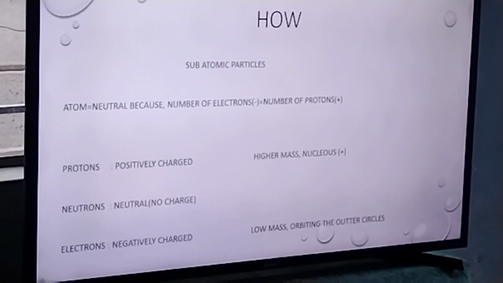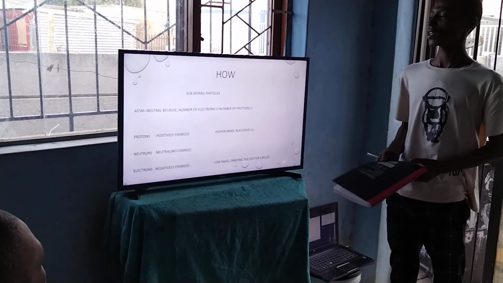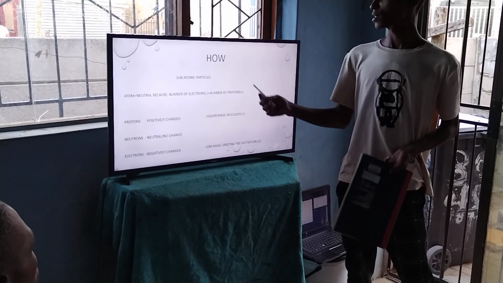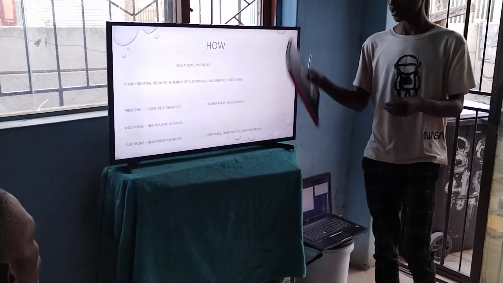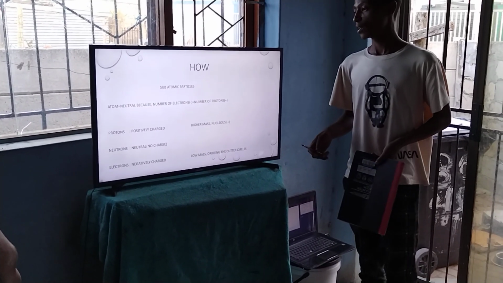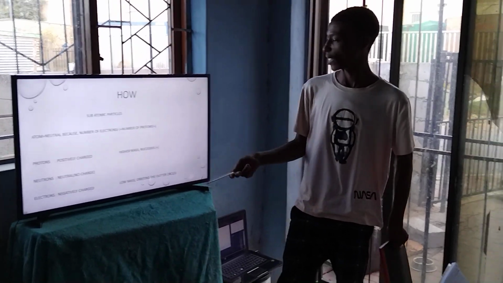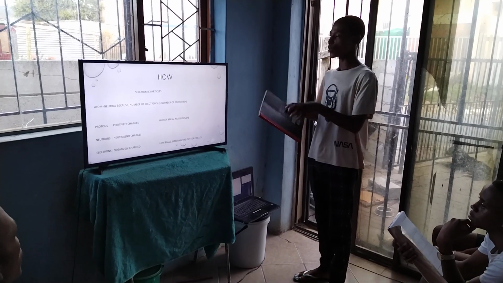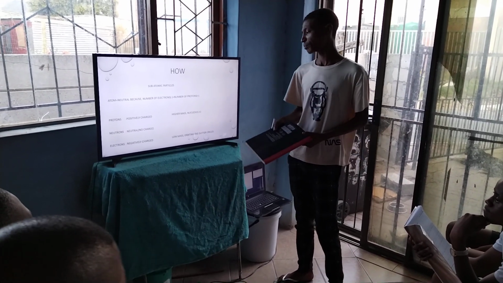Now, the question is, because we can't see this, how do these things happen? This brings us to a topic we call subatomic particles, which are even smaller masses. They are protons, neutrons, and electrons. Protons and neutrons both exist within the nucleus of an atom.